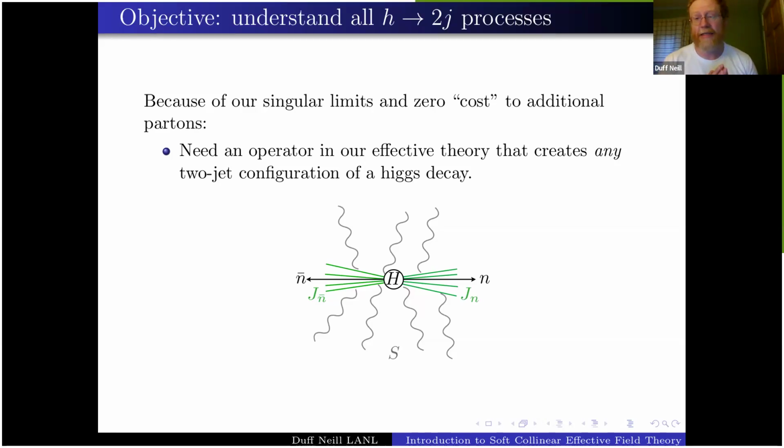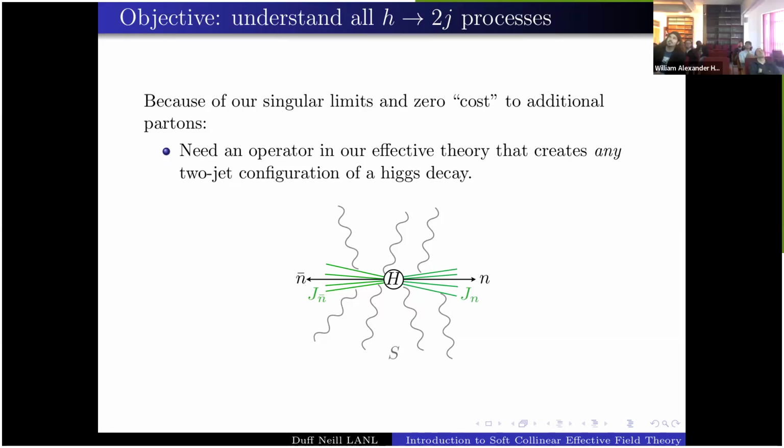I want to talk about a Higgs decay to two jets. And so I would like to write down an operator in my effective theory that allows me to create any two-jet configuration for a Higgs decay. But if I'm going to write down an operator in my effective theory that creates any two-jet configuration, I'm going to have to think about the symmetries of the theory, because that's going to inform me how I'm going to go and actually construct the operators necessary to do this in my effective theory.